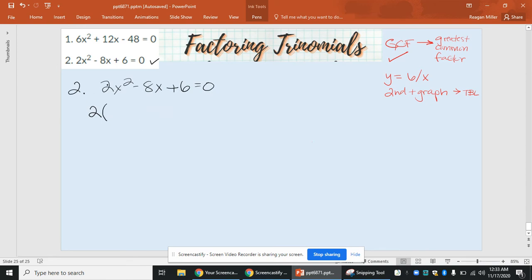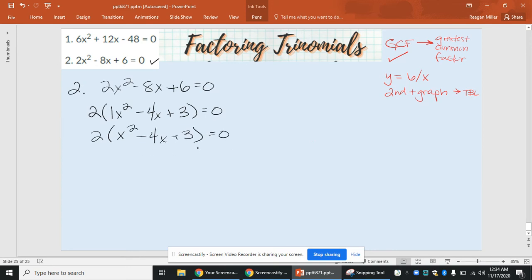So if I divide all of these numbers by 2, 2 goes into 2 one time. 2 goes into -8, -4 times. And 2 goes into +6, +3 times. Here we multiply 1 by 3, and it stays 3.